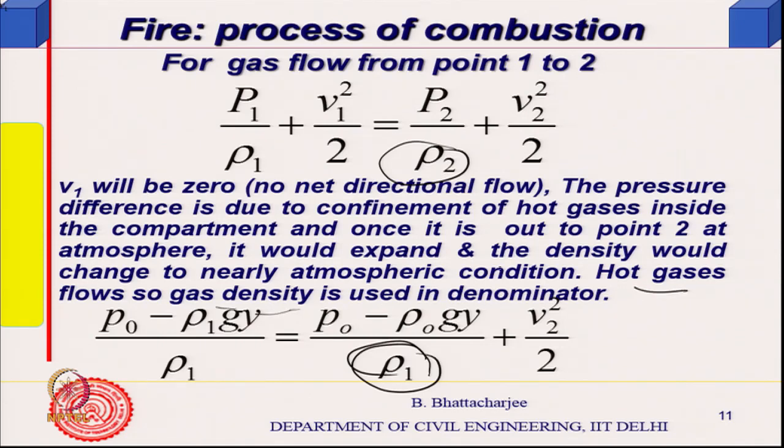So, gas density in both the cases we are using as rho 1 only, whereas for pressure we are using rho 0 and rho 1 there.